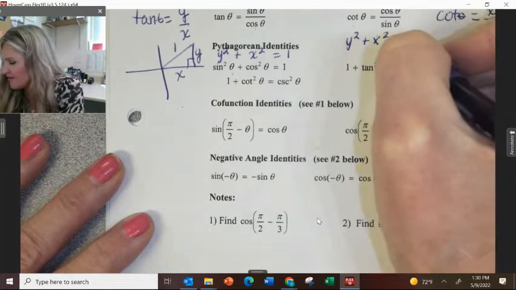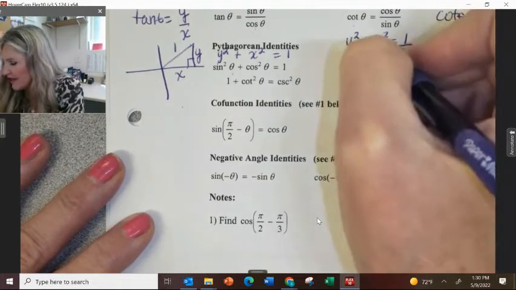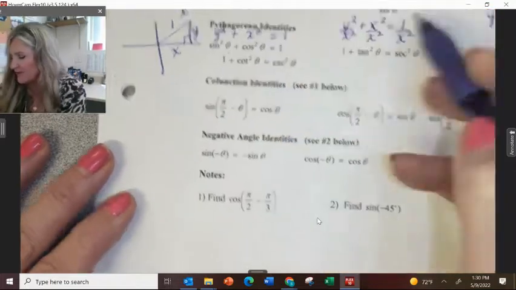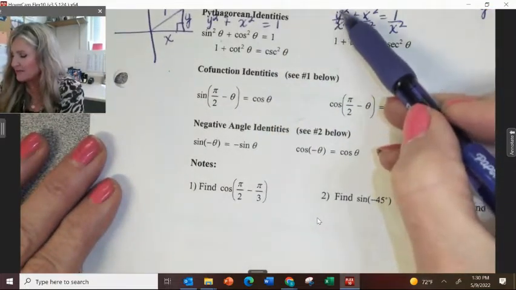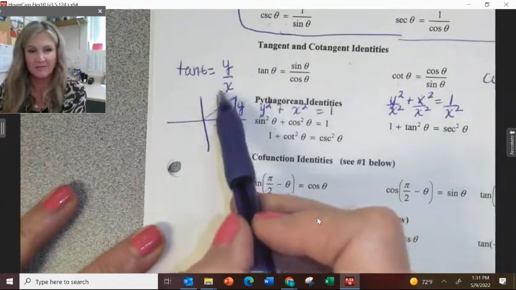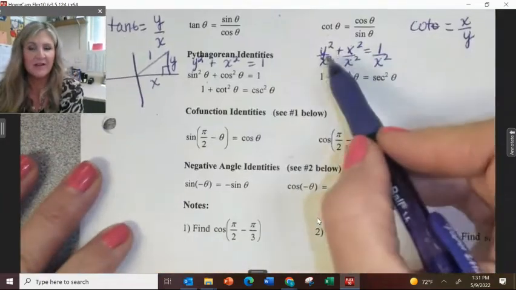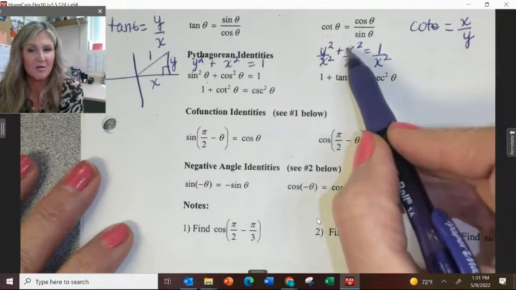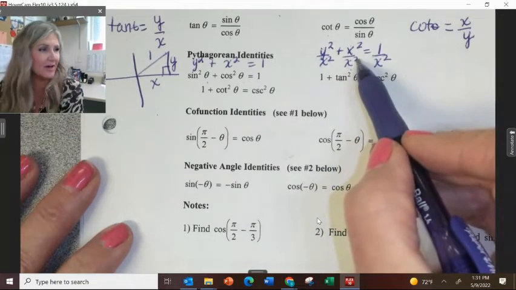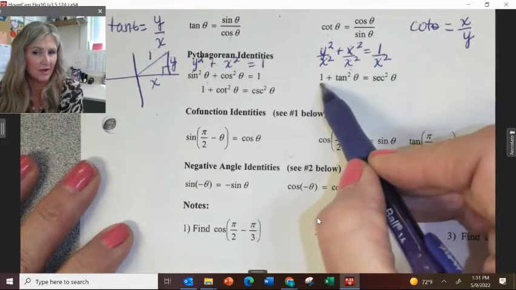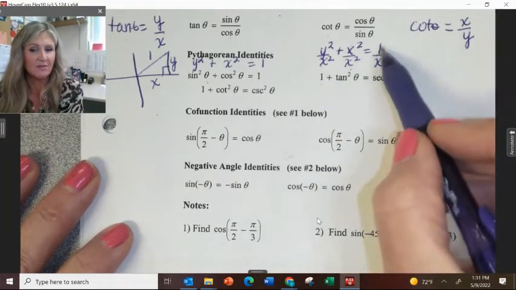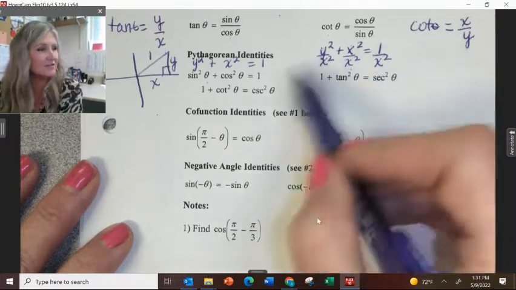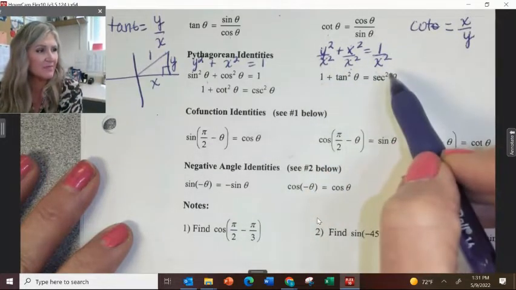X. So if I divide this by x squared, I have to divide this by x squared, and I have to divide this by x squared. So what is y over x the same as from up above? Tangent. So here's y over x. So tangent of theta squared plus, then what's x squared over x squared? 1, right? And then what's 1 over x? Secant squared. So that's where this comes from.